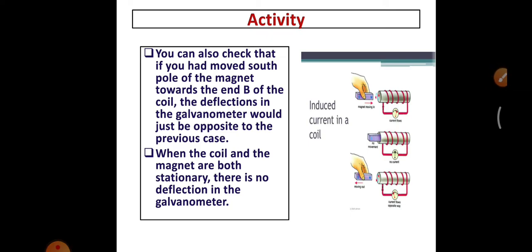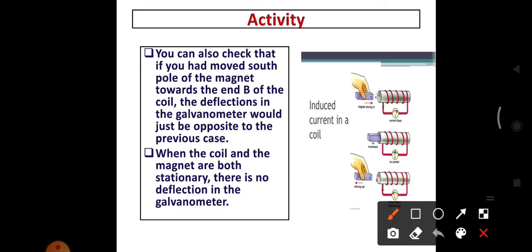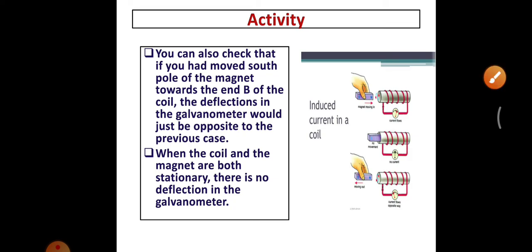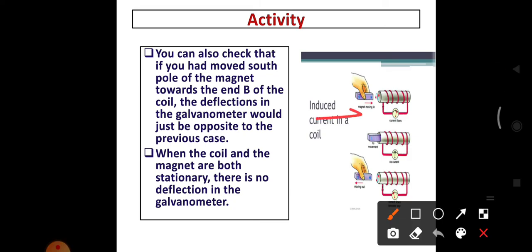You can also check what happens if you move the south pole of the magnet towards the end. In the starting experiment, we moved the north pole towards B. If you move the south pole, what would happen? When we move the north pole in, the galvanometer shows deflection first to the right.